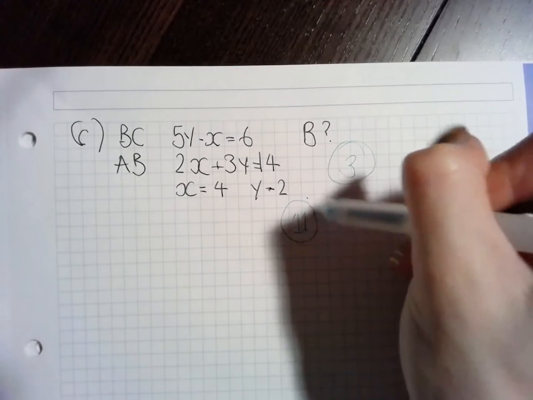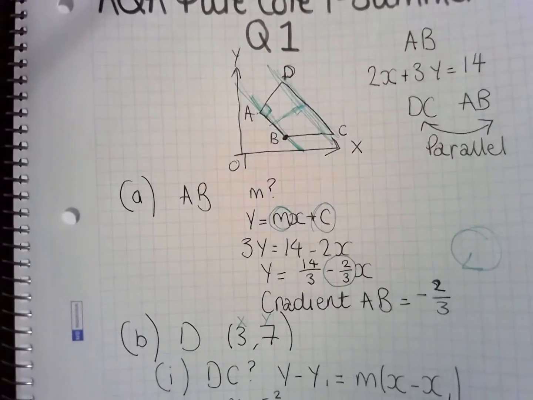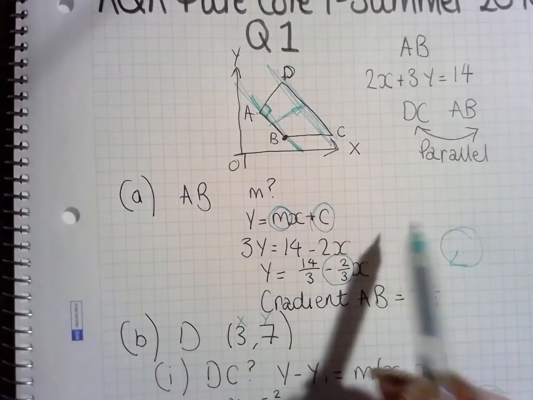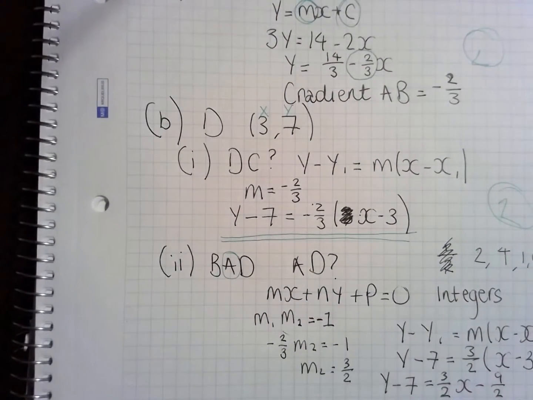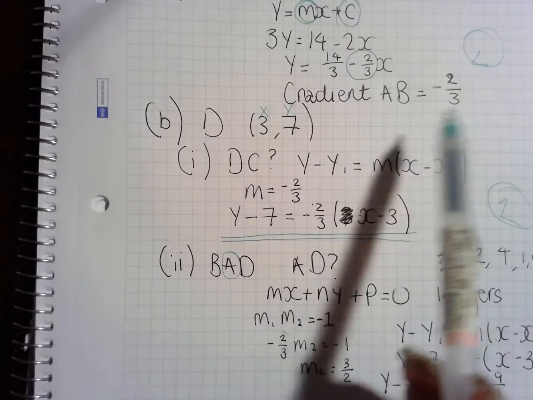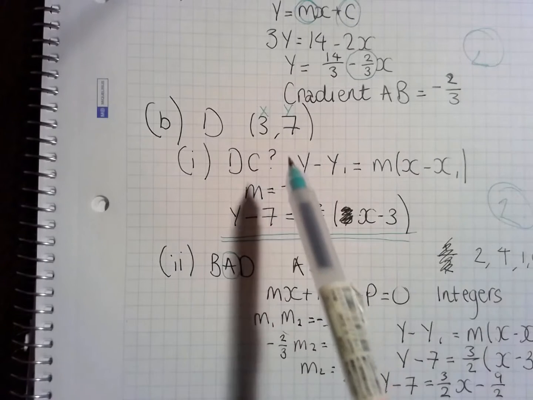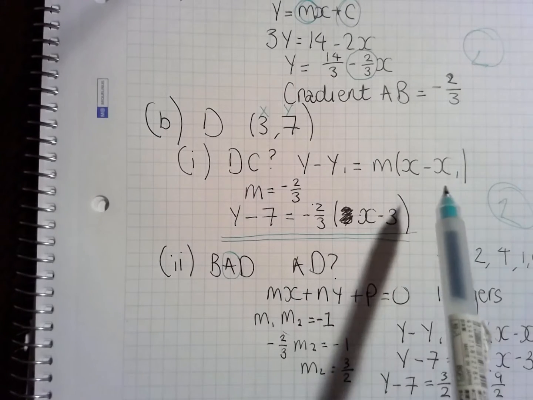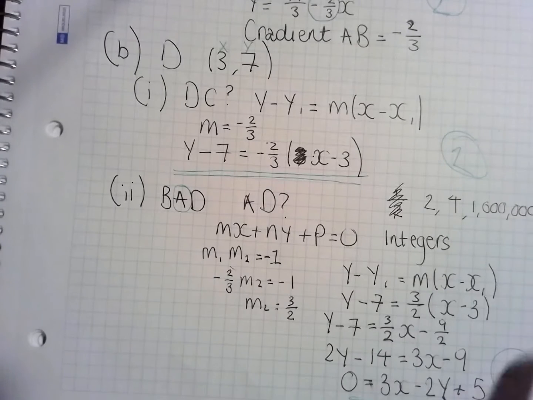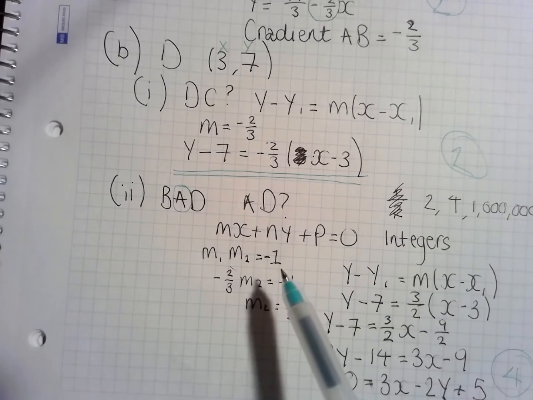I think really what this question is doing is testing whether you know that this formula is how you find the equation of a straight line if you know the gradient and one point on it. And it's testing if you know that if you times two perpendicular gradients with each other they equal -1.